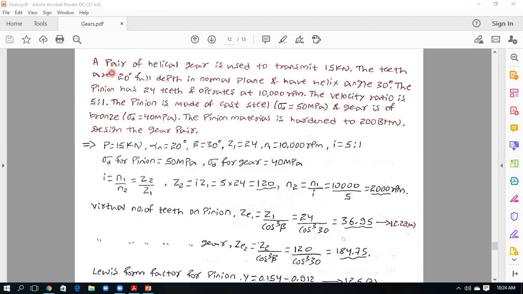In this, a pair of helical gears is used to transmit 15 kilowatt. Means the power transmitted is 15 kilowatt. Therefore, P is equal to 15 into 10 raised to 3 Newton. The teeth are 20-degree full depth.